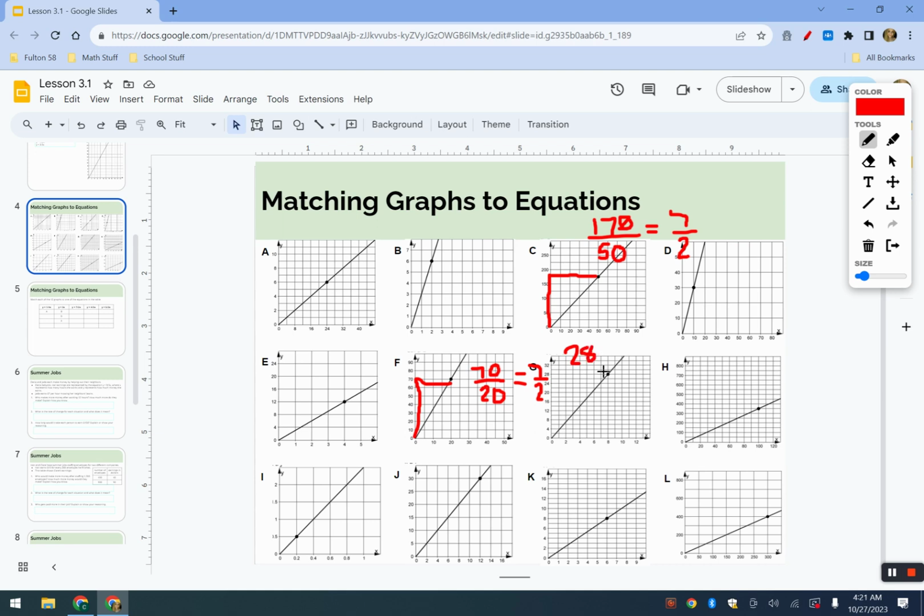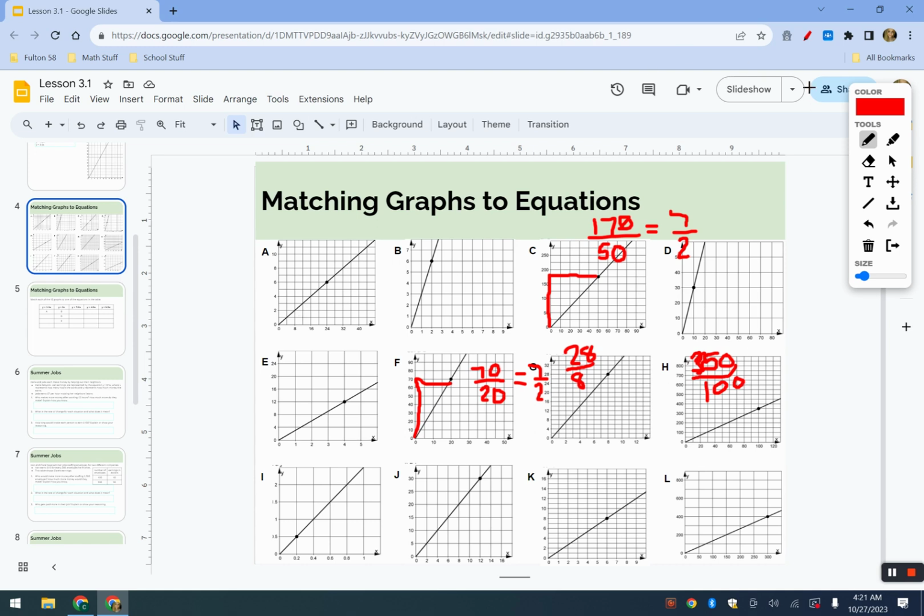And again, 28 over 8, they can both be divided by 4. And then H is going to be 350 over 100. Both of these can be divided by 50. And so that's going to be 7 over 2 again.